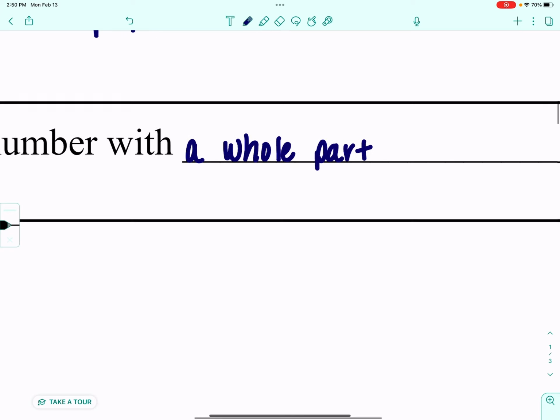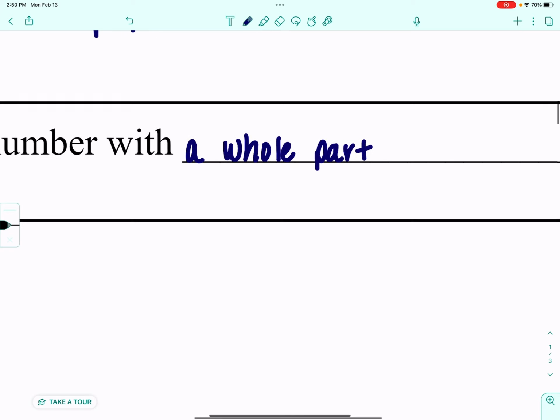So numbers like 2 1/3, -6 1/5, or 9 1/2. The numerators don't have to be a 1. I could make this 6 3/5. We have a whole part in each one of these, and then the other part is a fraction.